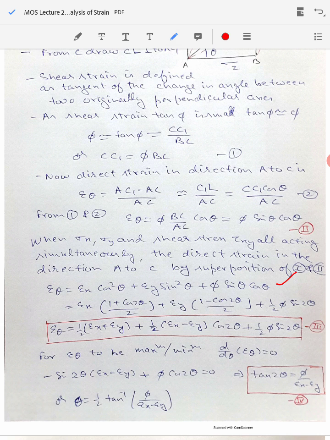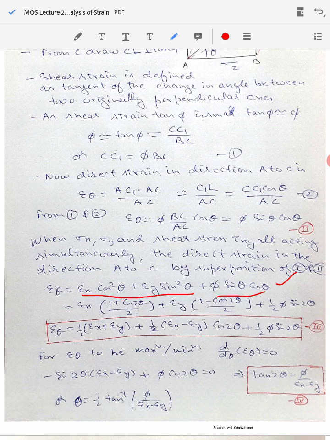So that gives us this equation: epsilon theta is equal to, this part coming from the normal strain equations, epsilon x cos square theta plus epsilon y sin square theta, the first equation, and this part coming from the second equation. So this is simply superimposition of these two terms.